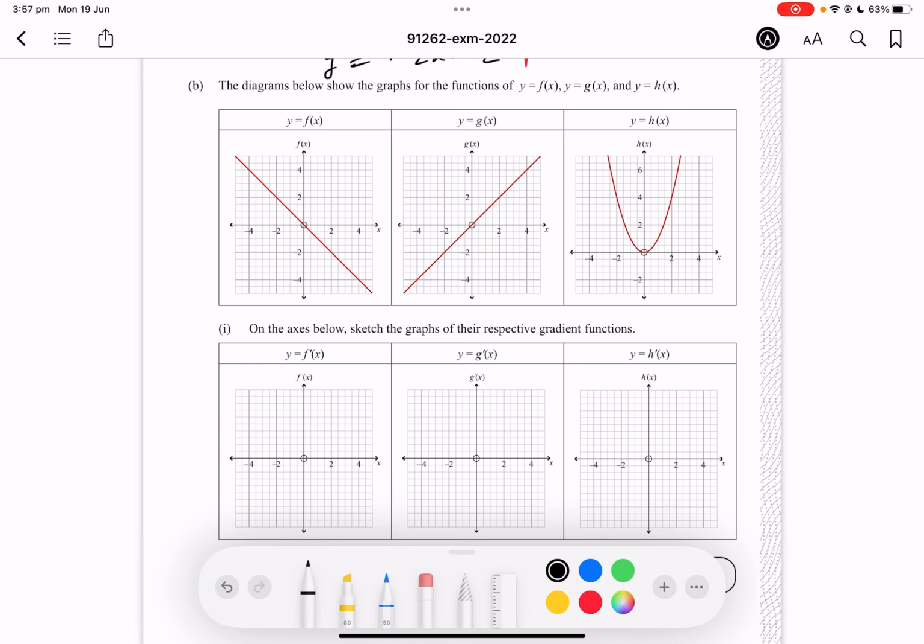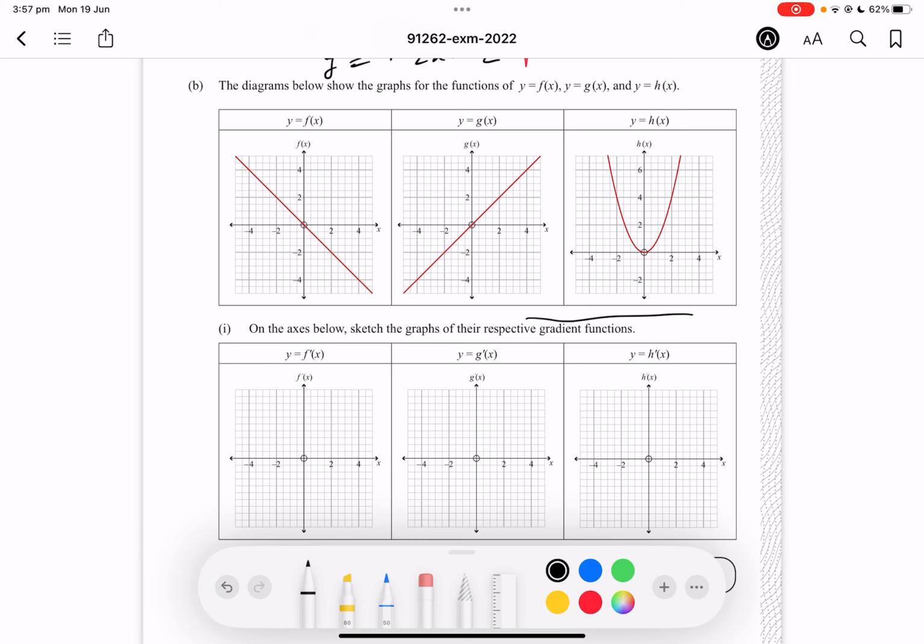Okay, the diagrams below show the graphs for the functions y equals to f of x, y equals to g of x, and y equals to h of x. So for this question, we're just going to be finding the gradient functions. So for the two linear graphs, the gradient is constant. So we expect to see just a straight line. In this case, for y equals to f of x, at the point negative 2, it's 2, and the gradient seems to be exactly negative 1.